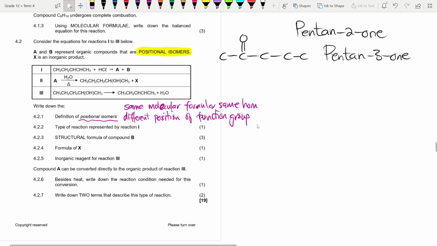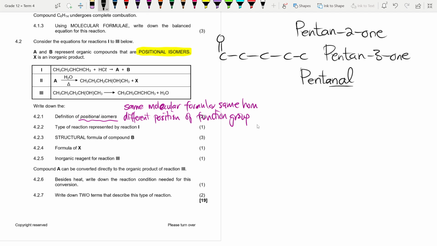But if I move it all the way to this side, now what is it? If I move it all the way to the end, it's pentanal, right?